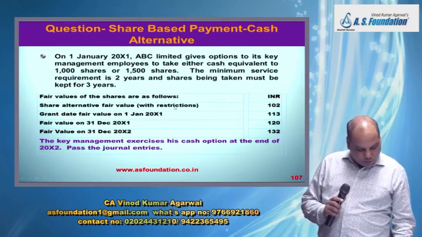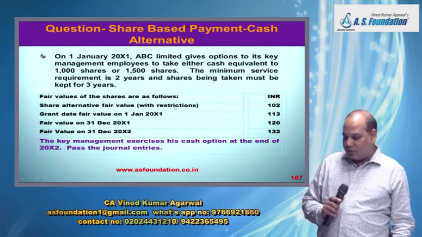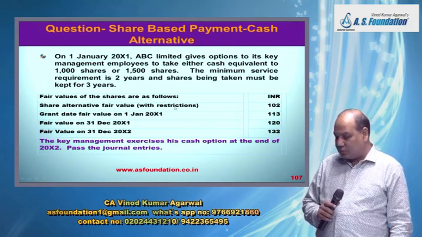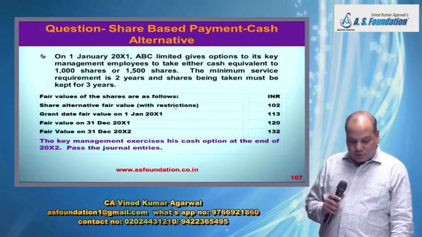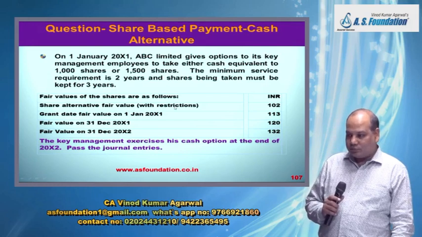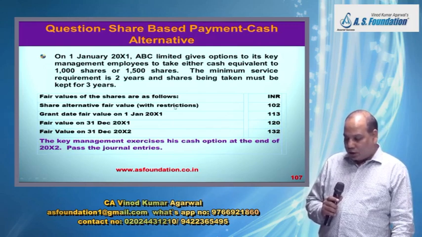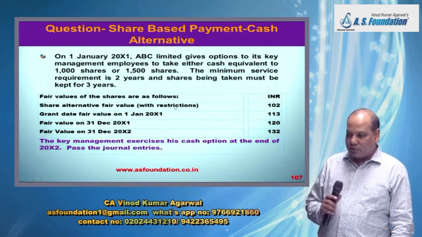Now we'll solve one small example. Question number 13. On 1st January 20X1, ABC Limited gives option to its key management employees to take either cash equivalent to 1000 shares or 1500 shares.